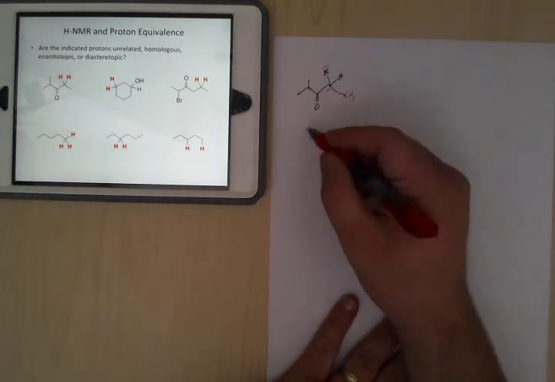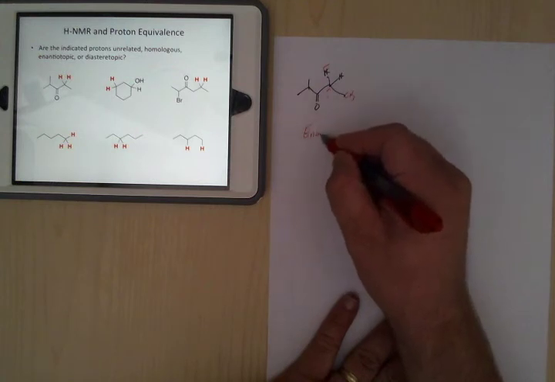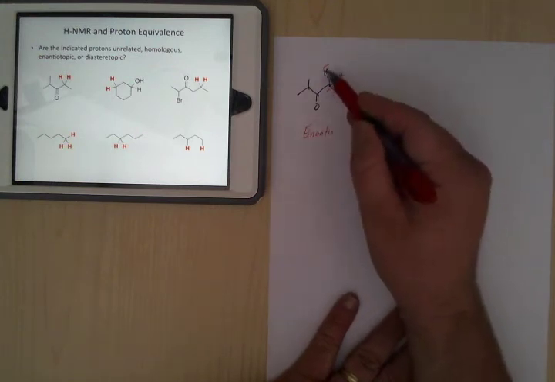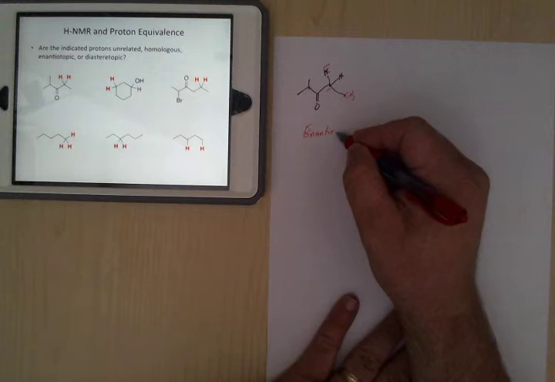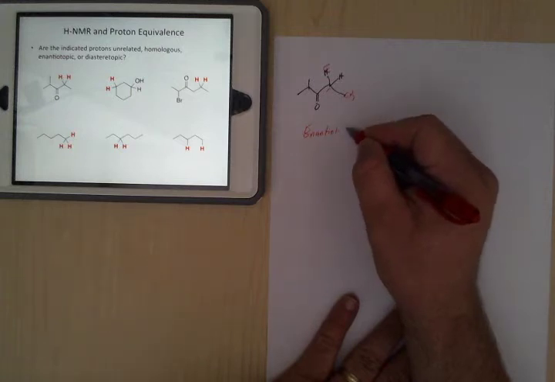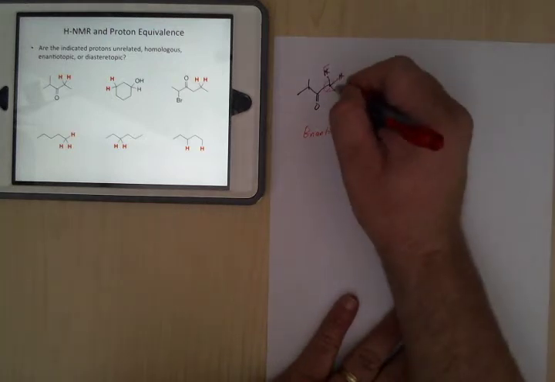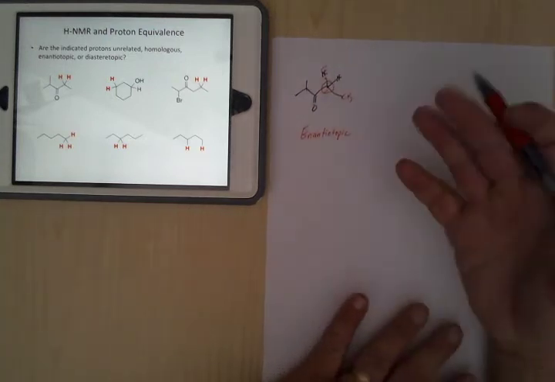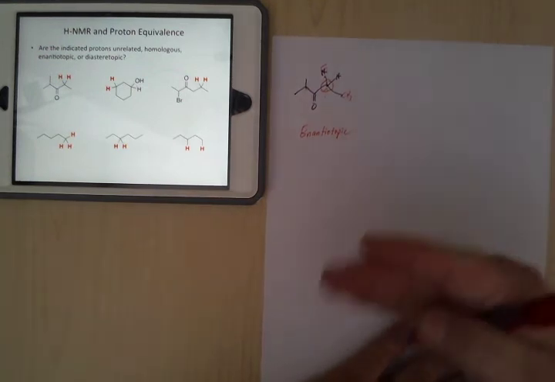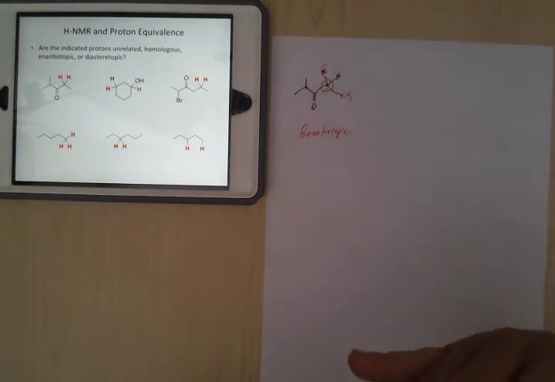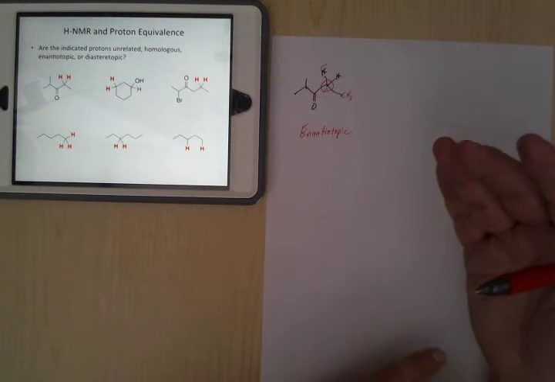That's the only one that's created. So since we've created a chiral center by substituting with fluorine, those are enantiotopic. Since we're creating its first chiral center, that means it's enantiotopic.